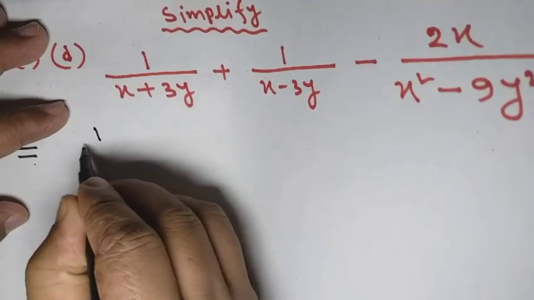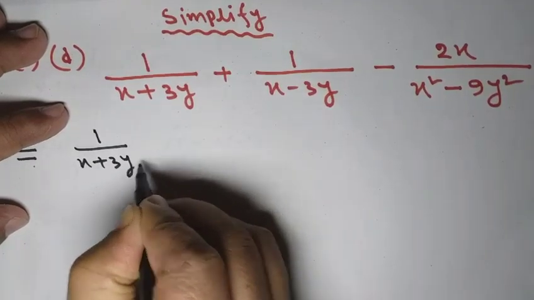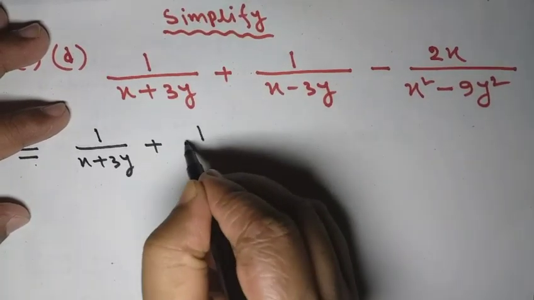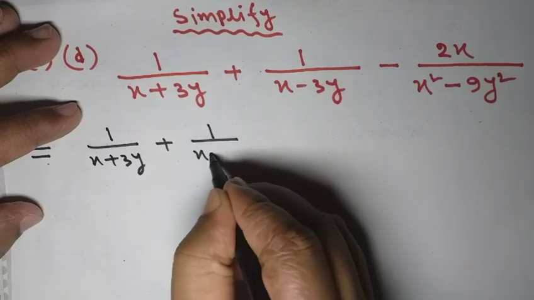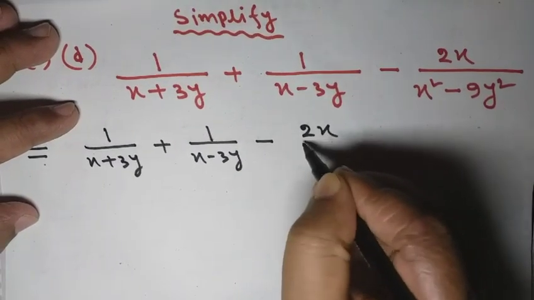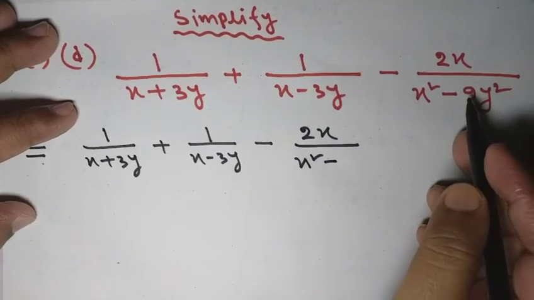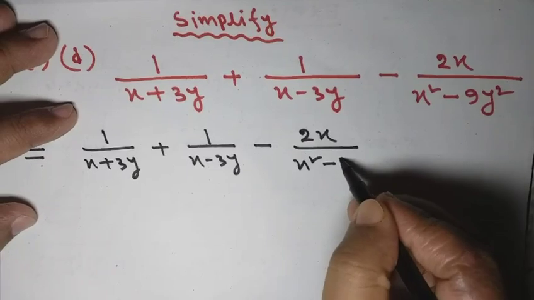Okay, 1 by x plus 3y plus 1 by x minus 3y minus 2x, x square minus 9y square, we can write 3y whole square.